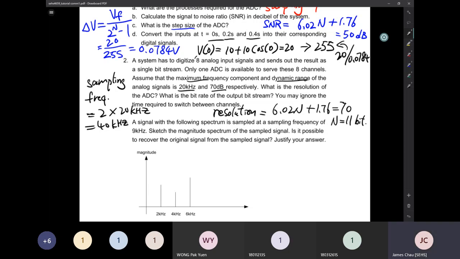Therefore, if you have 8 analog channels, each channel occupies 40 kilohertz.